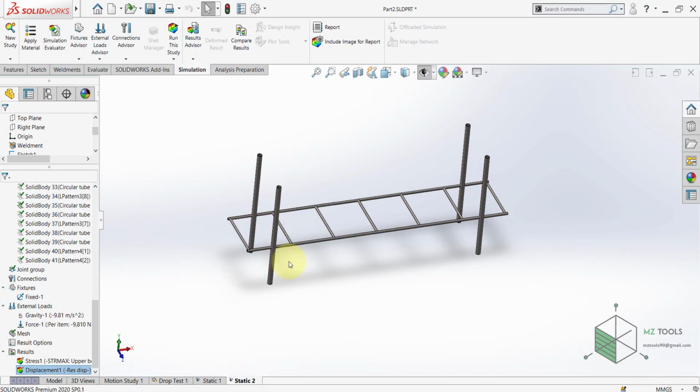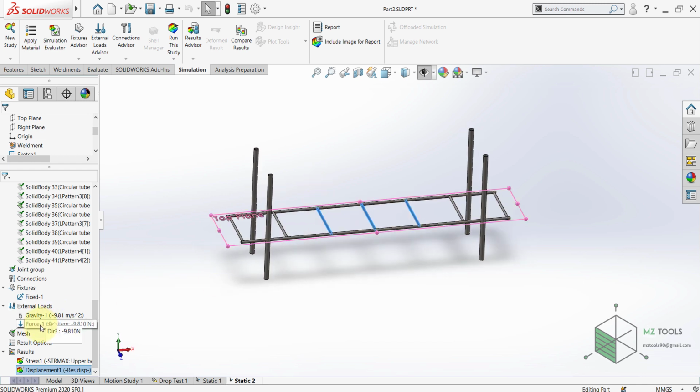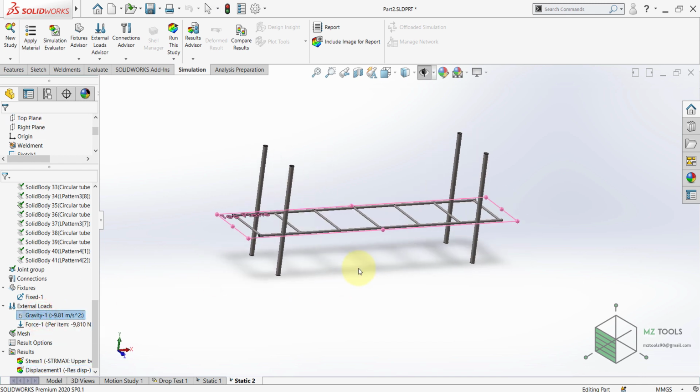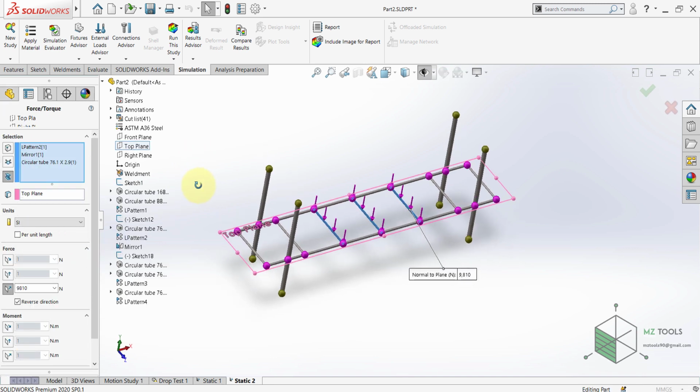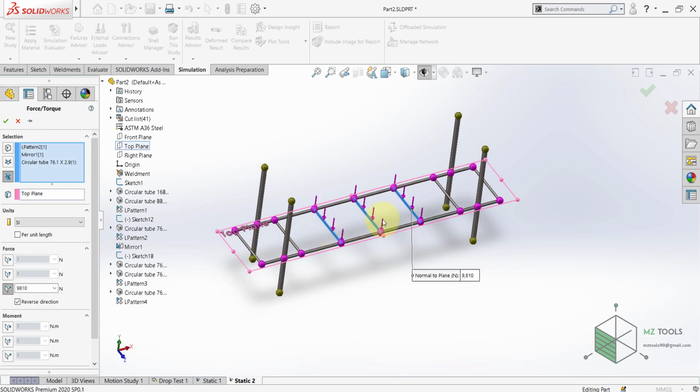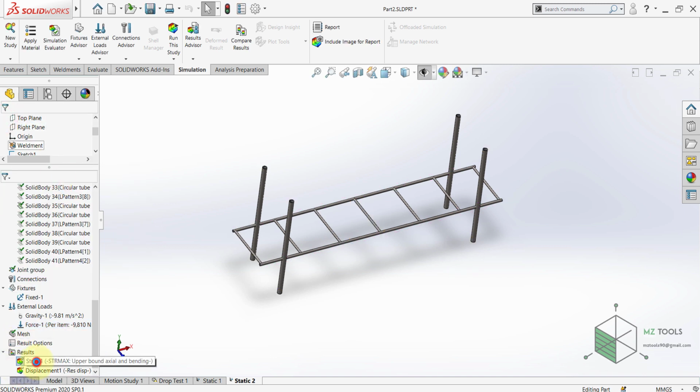So let's start with the first case. Here we have the simple structure, and we have the gravity load, and then we have these three members loaded. Each one is loaded with 1000 kilogram force. And let's see the results.